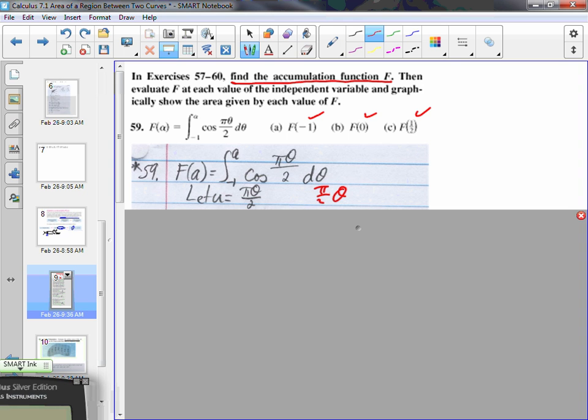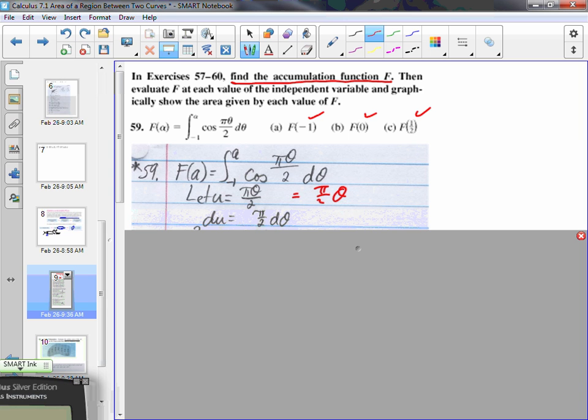And I want to think of it that way because that's easier to take the derivative of. The derivative of pi over 2 theta is pi over 2. So du equals pi over 2 d theta.